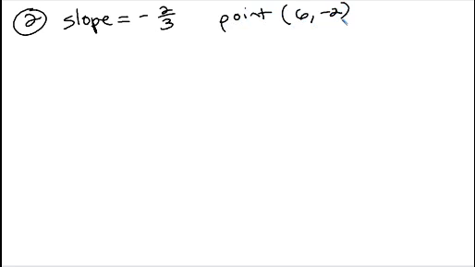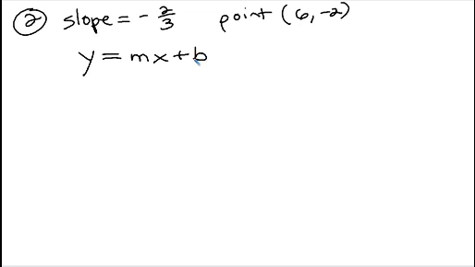This is a good one to review working with fractions. What if the slope is -2/3 and a point on the linear equation is 6, -2? Well, once again, we're going to use y equals mx plus b.